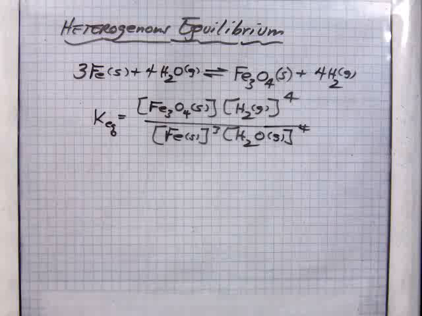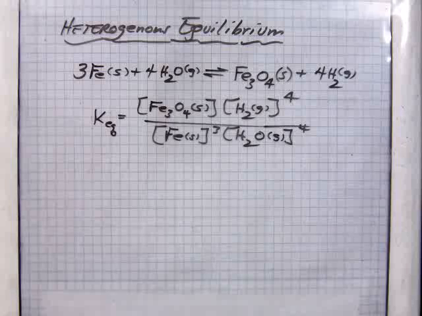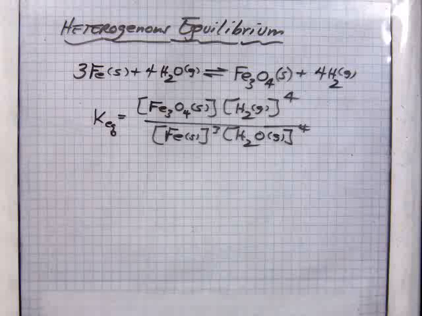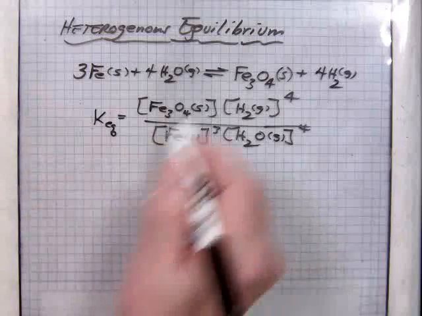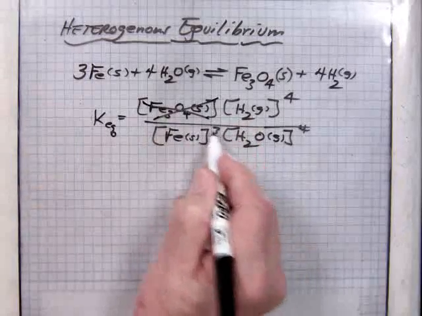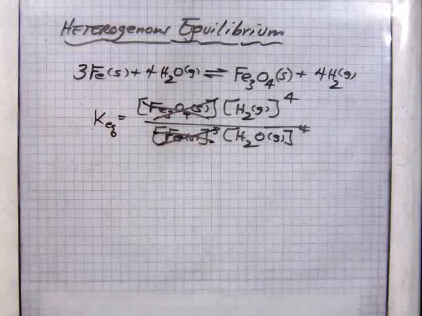Now, it can be shown by experiment primarily that the solids, and if you have a reaction with liquids in combination with gas phase, the solids and liquids do not affect the equilibrium values in that reaction. They are exclusively dependent upon the gas phase component concentrations. So the solids, or liquids, are ignored.